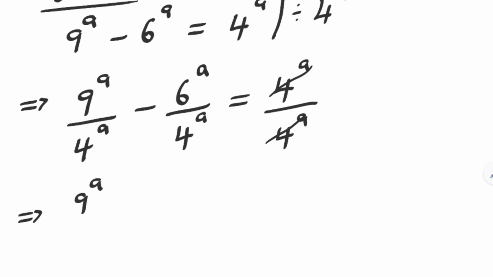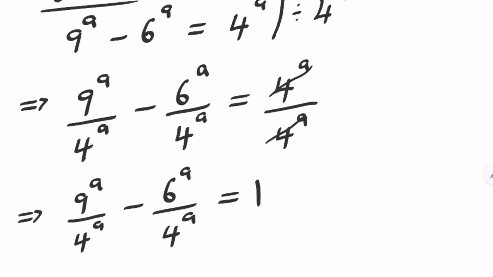9 raised to power A divided by 4 raised to power A minus 6 raised to power A divided by 4 raised to power A is equal to 1. But 9 is equal to 3 squared and 4 is equal to 2 squared.